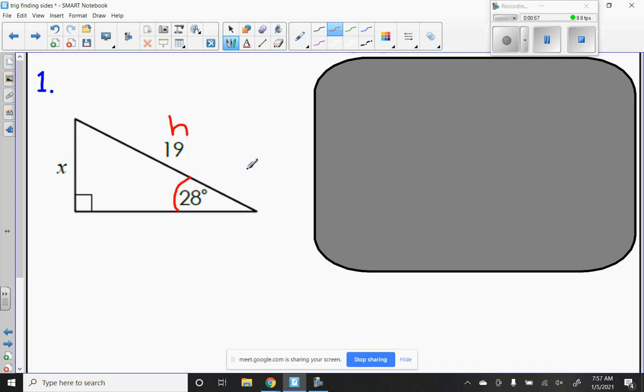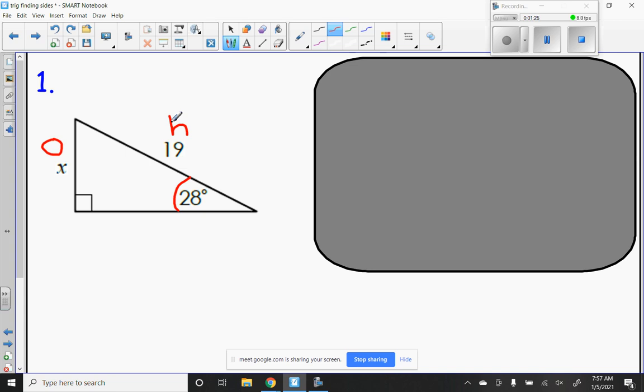That's hopefully your easiest side to identify because it's right across from the right angle. To find the opposite, we always draw a straight line out of the middle of our angle. So that is the opposite. So I have an opposite and a hypo.